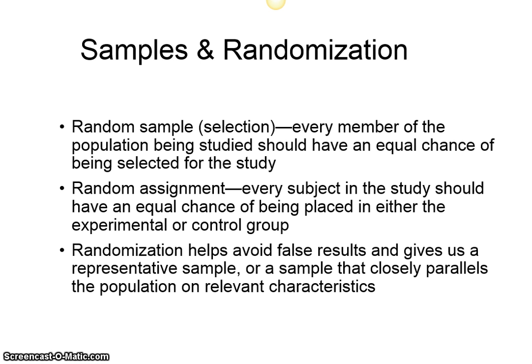So the sample is the 100 students, and they are representing the population at large, which is all of the Psychology 101 students. Random assignment, however, is where every subject in the study has an equal chance of being placed in either the experimental or the control group. For example, perhaps a scientist thinks he has discovered a great new treatment for depression, and he's done a random selection of his study participants.